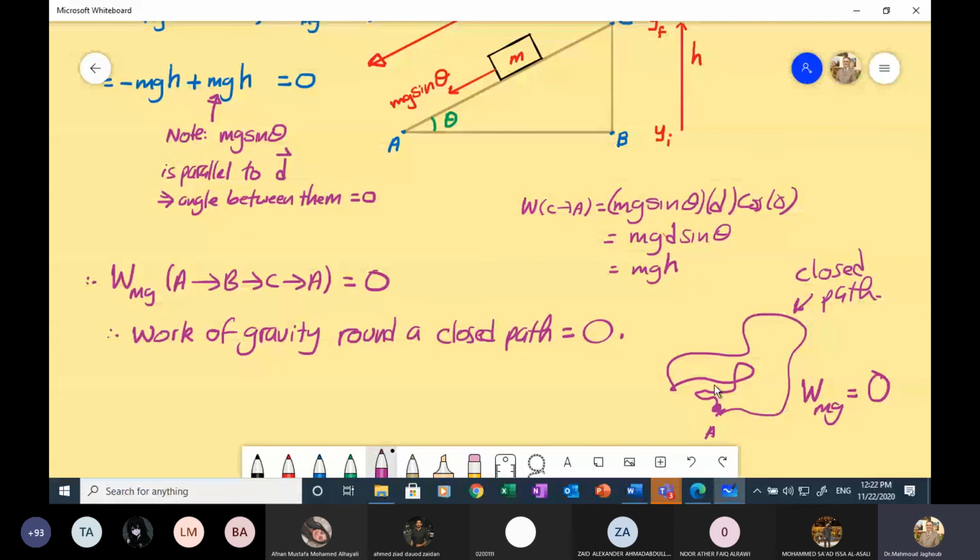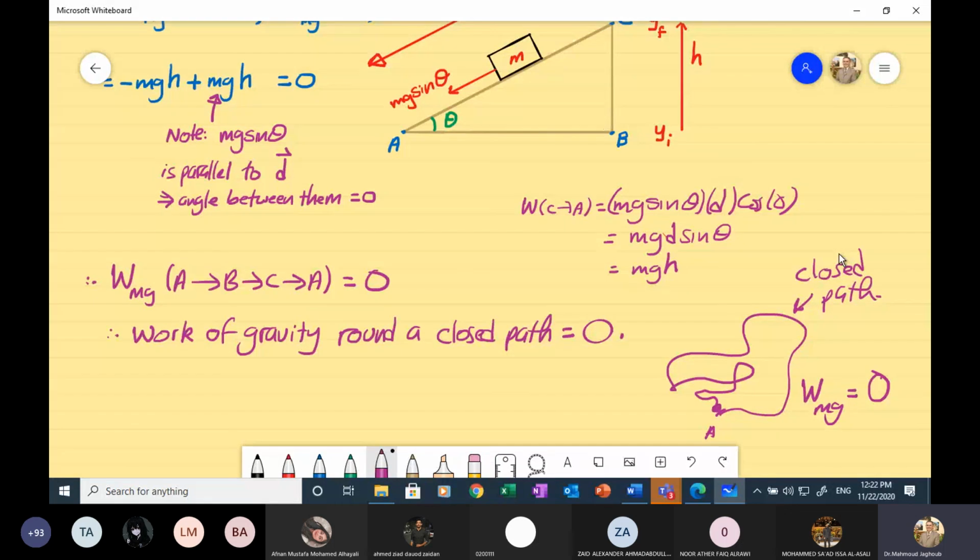Let me put it this way: the work of gravity only depends on the initial position and the final position. That's all it depends on. The force of gravity does work only when an object moves in a vertical direction. If you move 1 million miles along a horizontal direction, the force of gravity does 0 work.